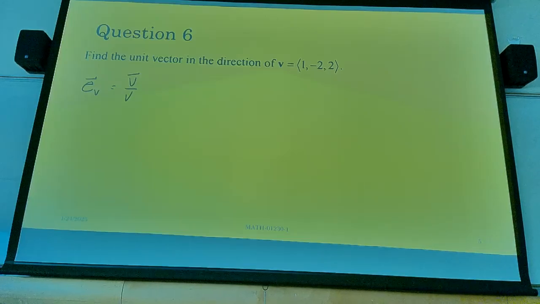That means we need the magnitude of V. What's the magnitude of V? 3. All right, so again, I'm not really committing a taboo, but writing it in a taboo way.